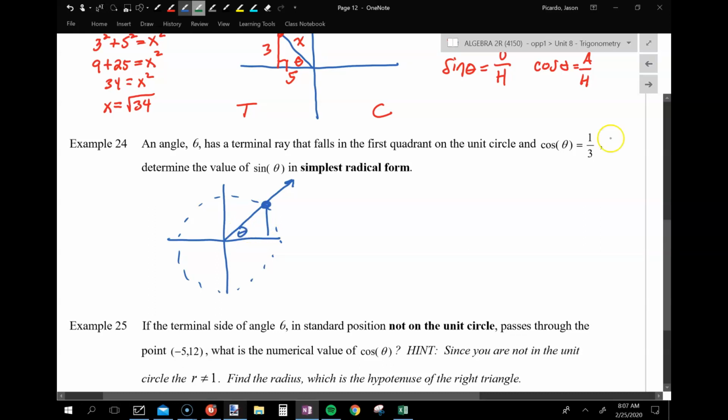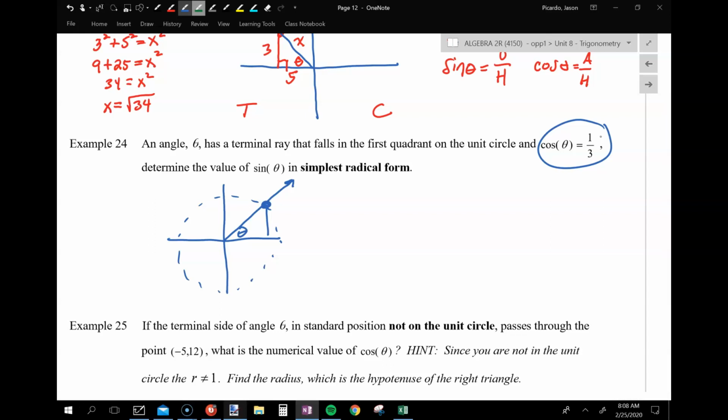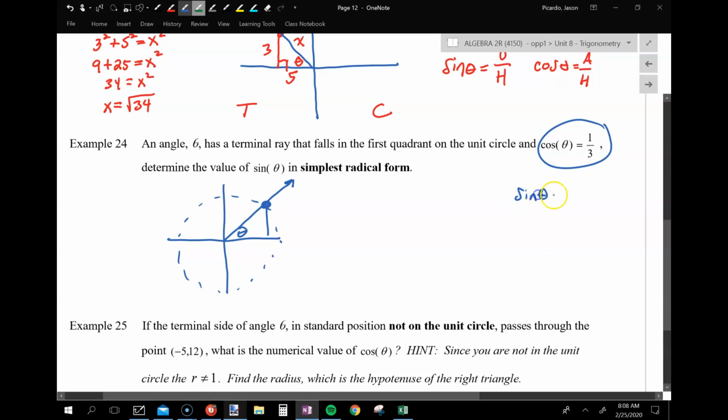Now, anybody surprised that cosine equals positive 1/3? Why not? Because what's positive in the first quadrant? Everything. So what's my answer going to be? Positive. So I know that my answer is going to be a positive something. I don't know what, but positive something.